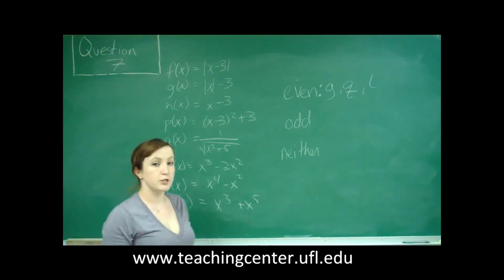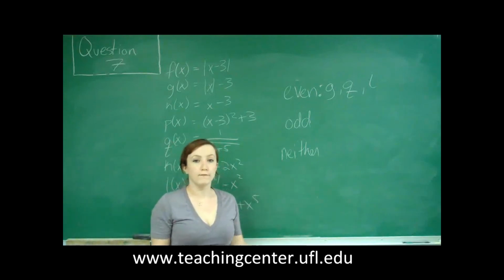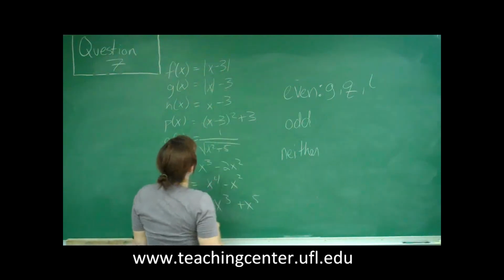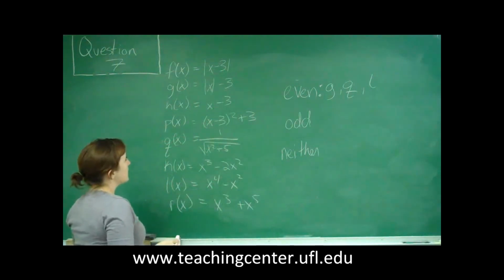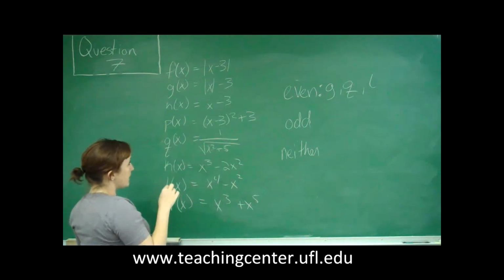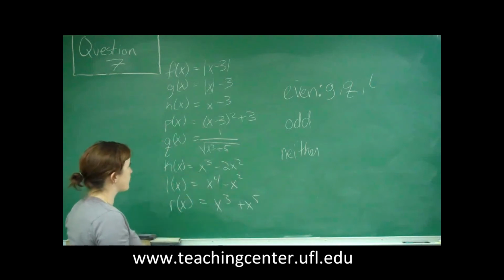functions. And the odd functions, when we plug in a negative x, we have to change the whole function completely. So negative x minus 3, well, that's not going to change my whole function because I've still got that minus 3 there. It's still going to stay minus 3. It's not going to become a positive 3. So that doesn't change.